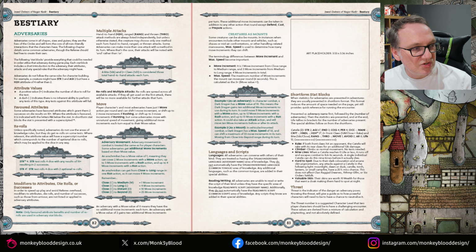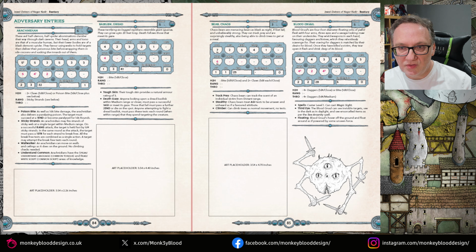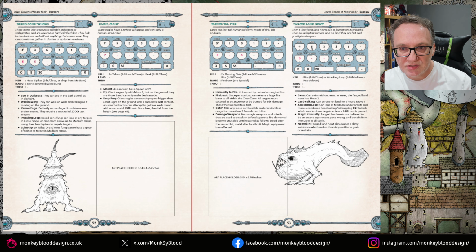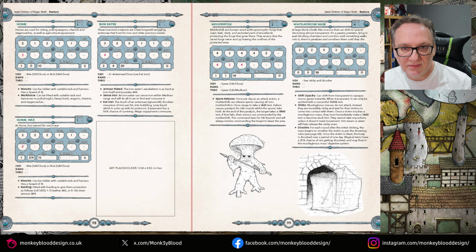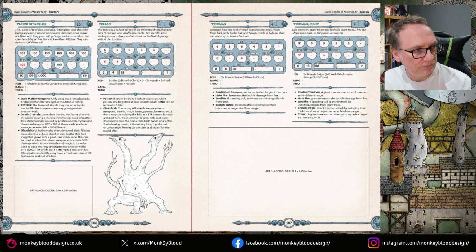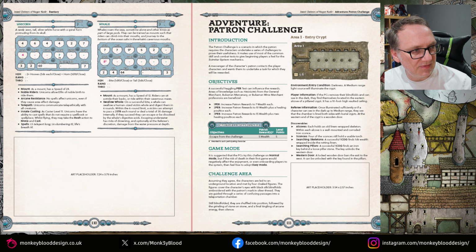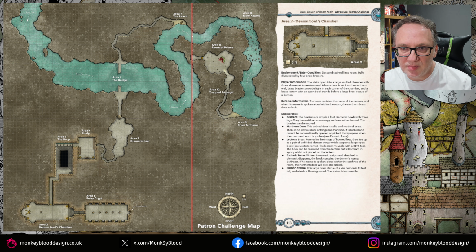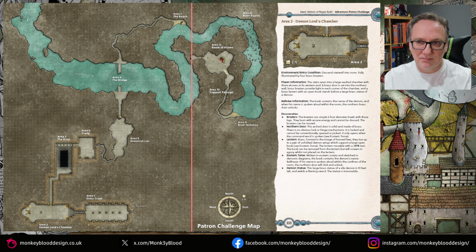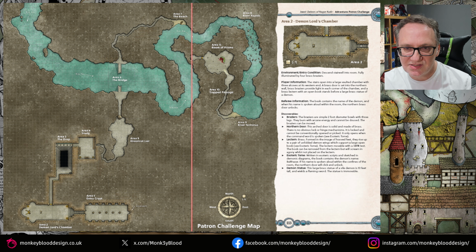So we've got a bestiary which has got a bunch of creatures that have been created so far. I'd hope to expand that. We've also got an adventure, a patron challenge, which is basically this map, and it's designed to test all of the game mechanic tests that we can get you to do.